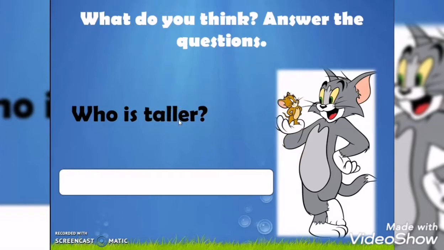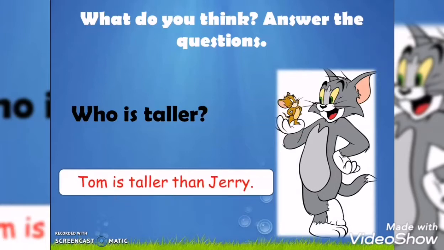After the adjective word taller, what should I add? Than. Tom is taller than whom? Than Jerry. So Tom is taller than Jerry. I'm comparing between Tom and Jerry, and the adjective word is taller. Because I'm comparing between two animals or two characters, I add the word than.